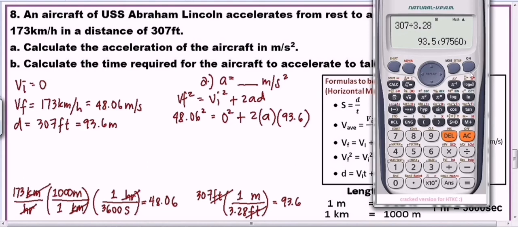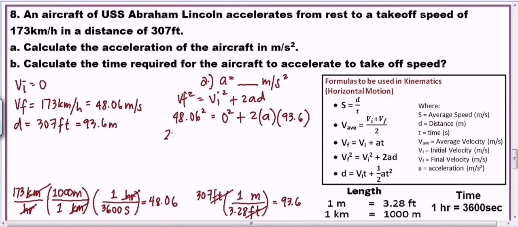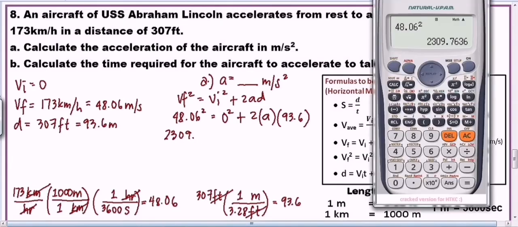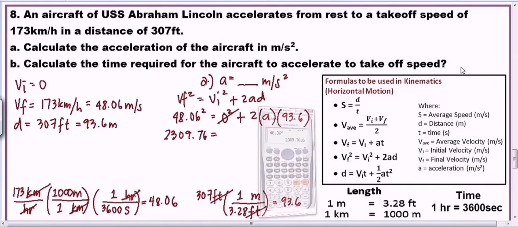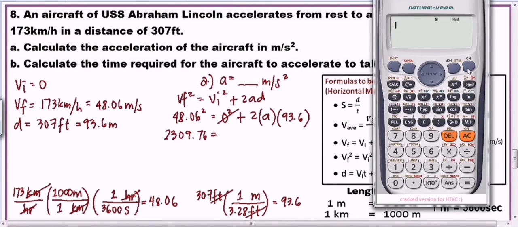Okay, so 48.06 squared is 2,309.76. So, 2,309.76 equals 0 na to. So, 2 times A times 93.6 is 2 times 93.6 times 2.